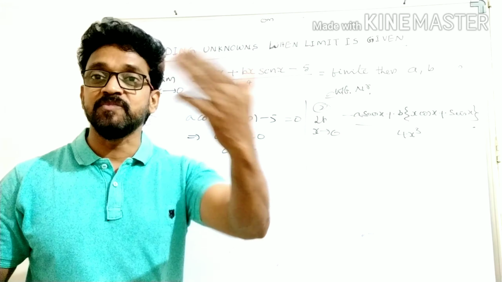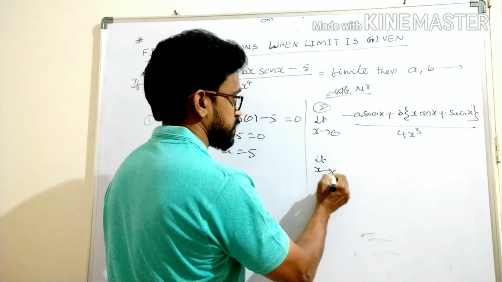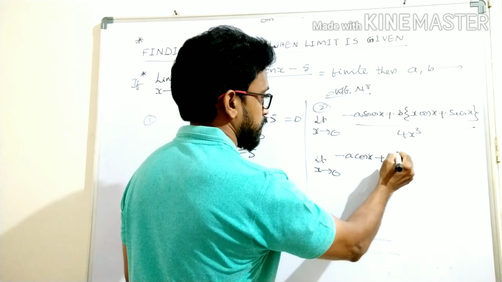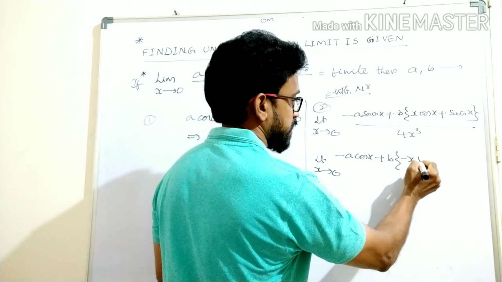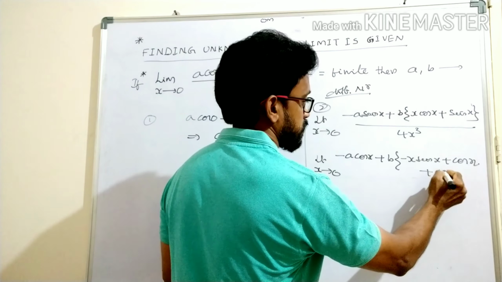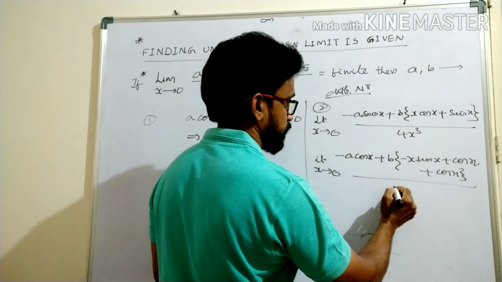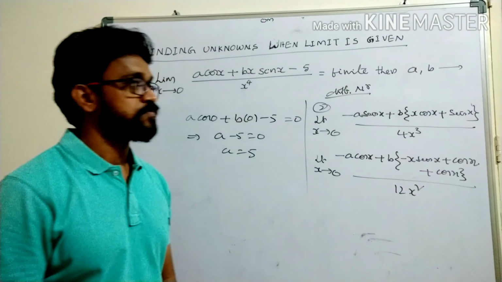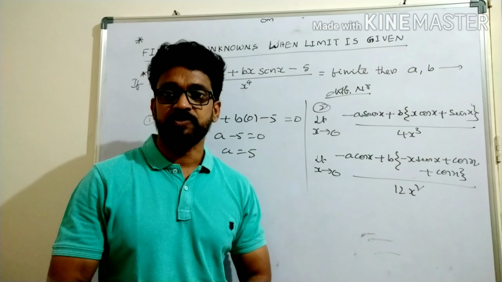That's why one more time we should differentiate. Now limit x tends to 0 of minus a cos x plus b into the derivative of x cos x, which is minus x sin x plus cos x plus cos x, divided by 12x square. As x tends to 0, 12x square tends to 0.